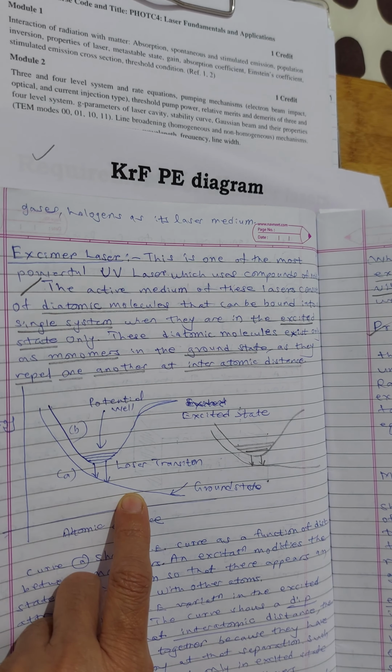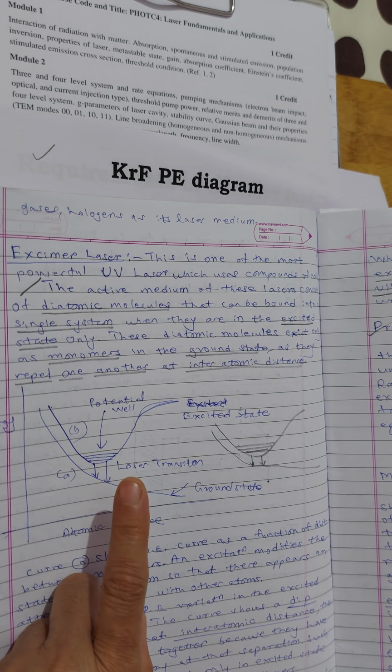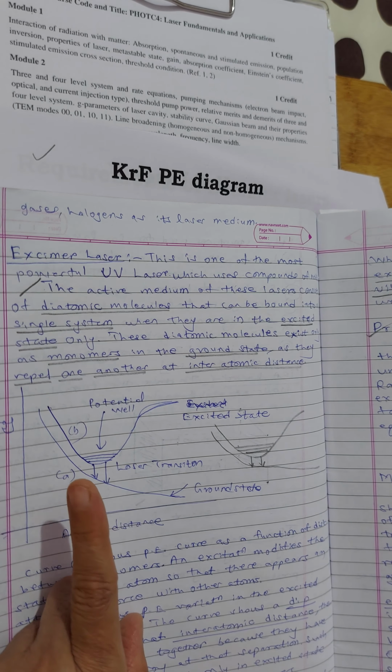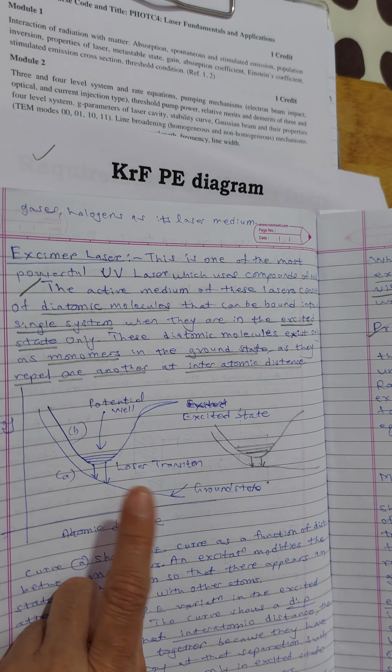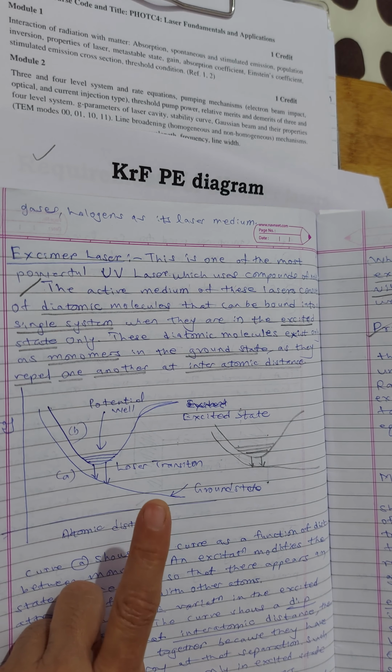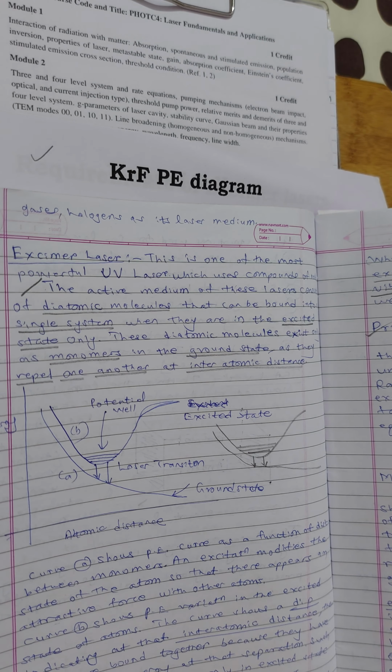Rare gas atoms, as I mentioned, Kr, Ar and Xe, are combined in the excited state with the halogen atoms, F and Cl, to form the rare gas halide excimer. Already I mentioned the names ArF, KrF, XeF and XeCl. Now we'll see the method of how this happens.